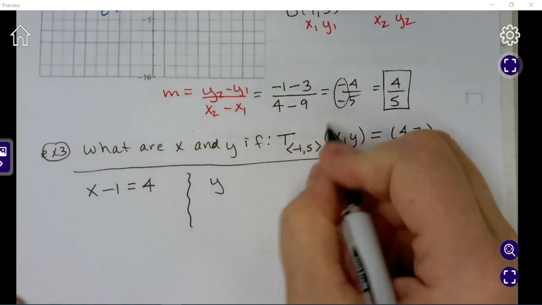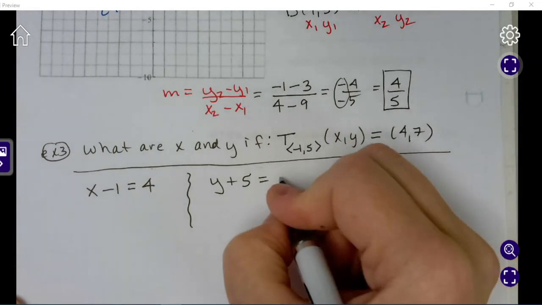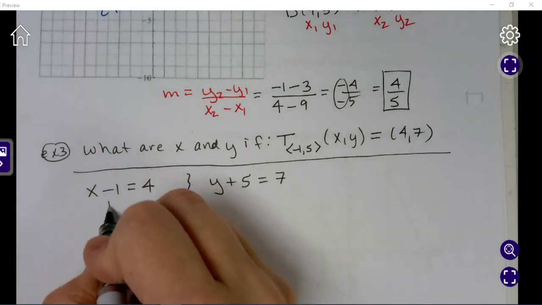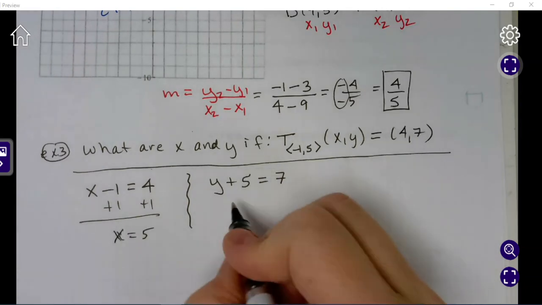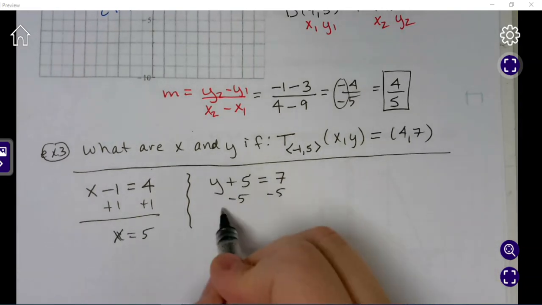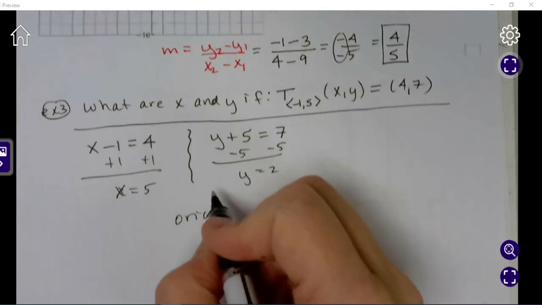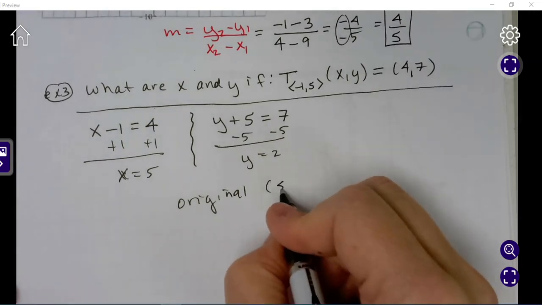Beginning y, the vector says +5, resulted in the y coordinate 7. So you just make two little math equations and then solve them. +1 +1, x equals 5, -5 -5, y equals 2. So my original point was 5, 2.